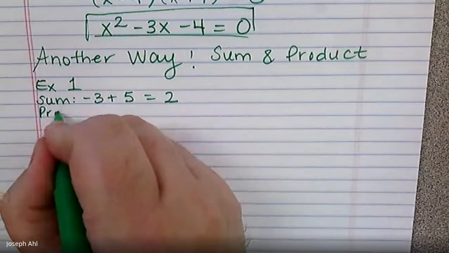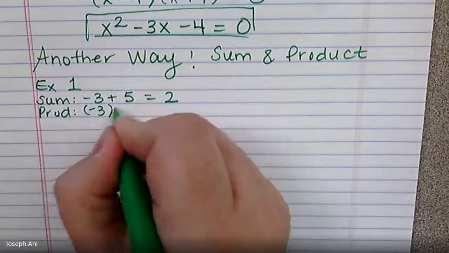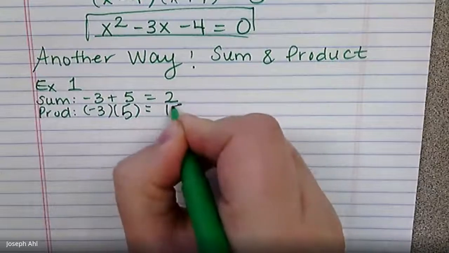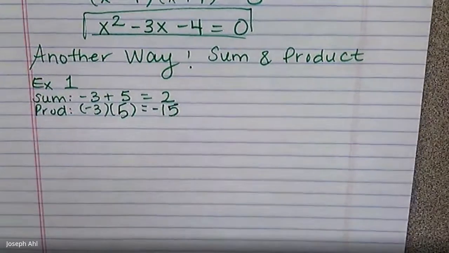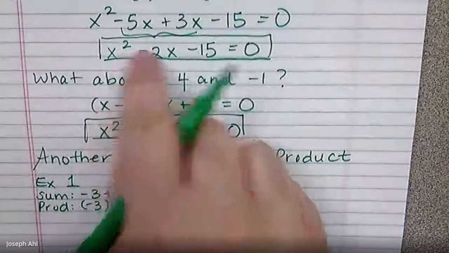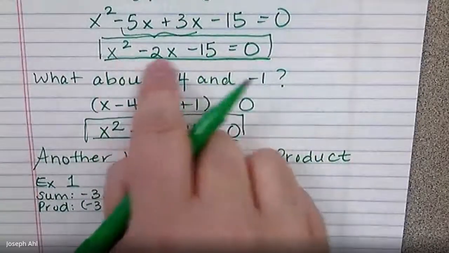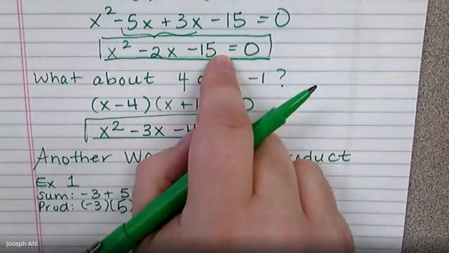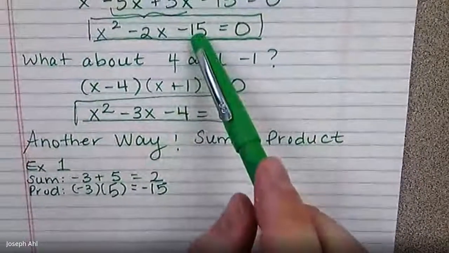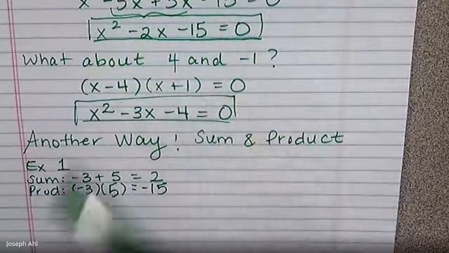If you find the product of those numbers, -3 times 5, we get -15. So go and look at the original equation that we got after multiplying those factors together. X squared minus 2x minus 15. Look at the sum and product. Look at the equation. That's interesting.